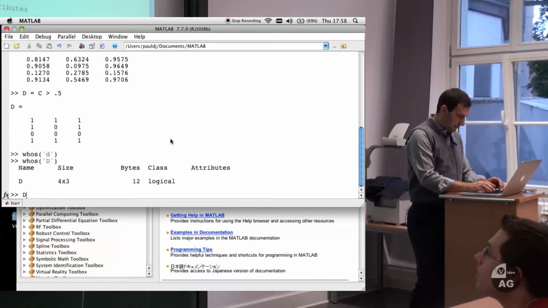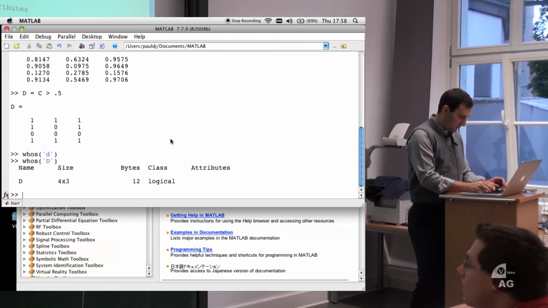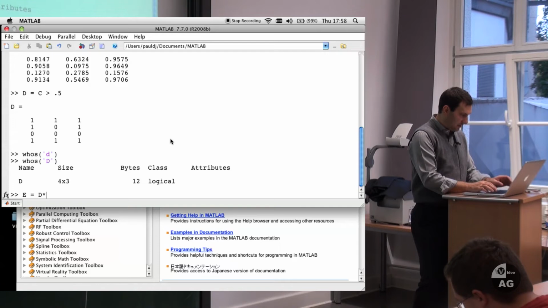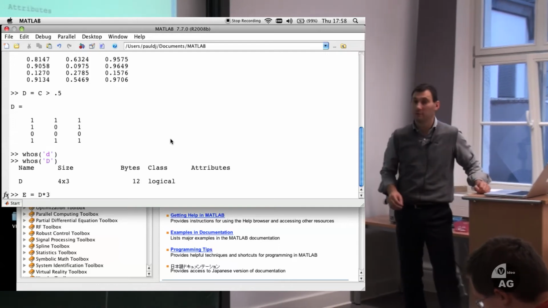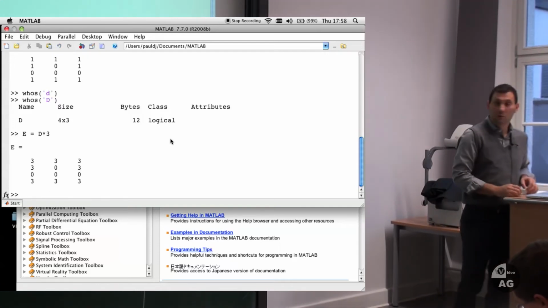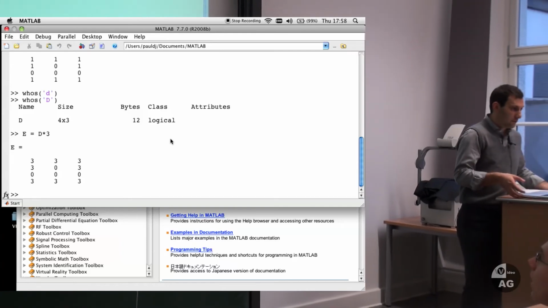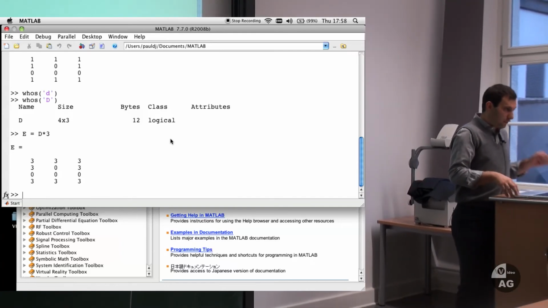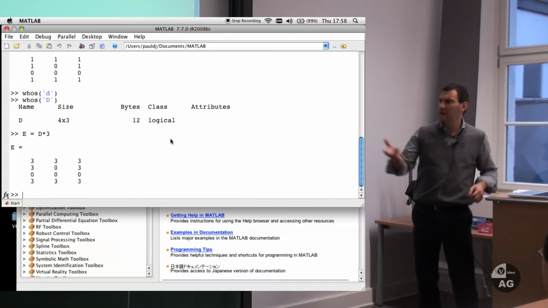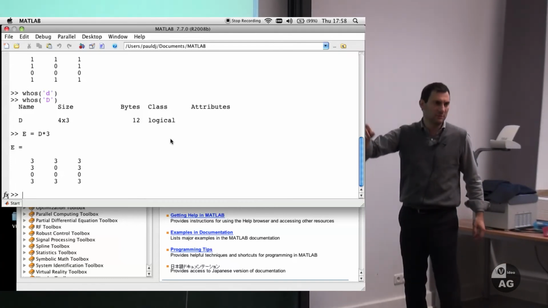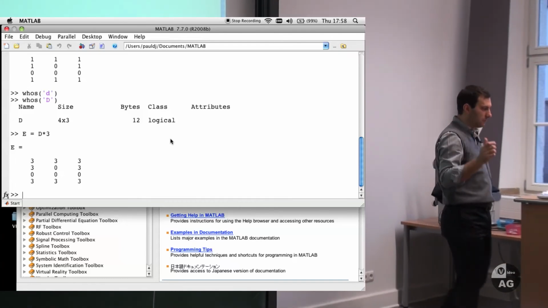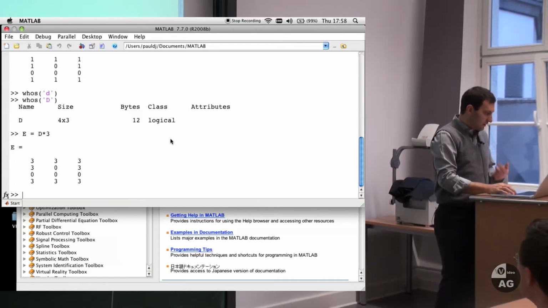And if I say E equals D times 3, okay, works perfectly. I don't know why last week. I think because I actually applied the plus, and the plus doesn't do it. But if you multiply, divide, or do other things, it works.